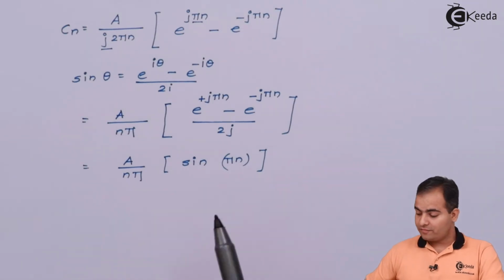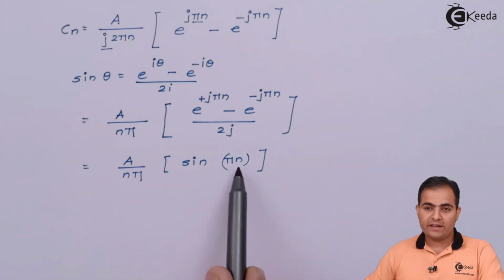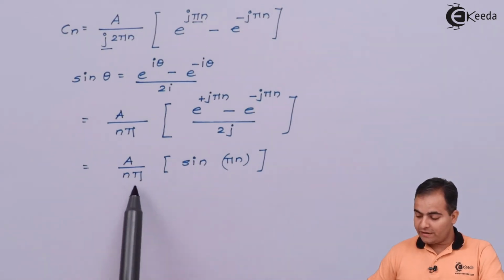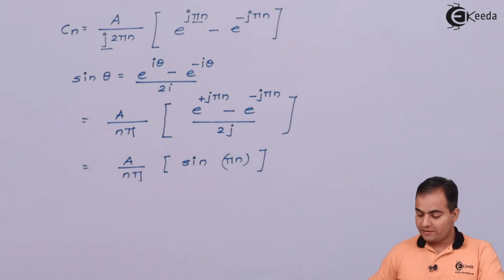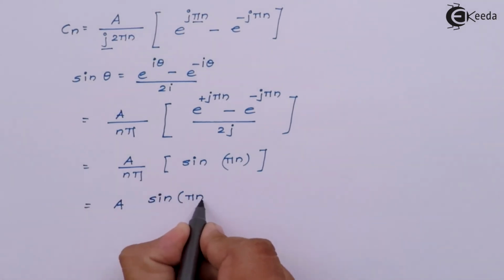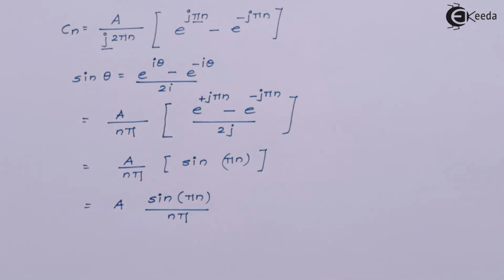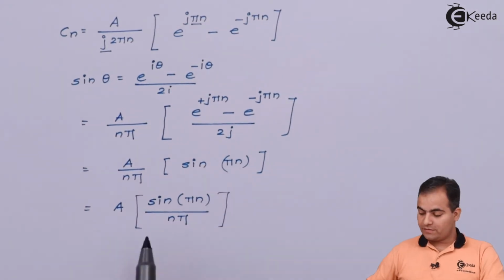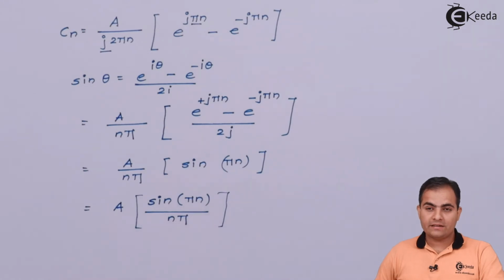Now here, my theta is pi n. Here also we have a pi n. So I'll divide sin pi n by n pi. What we have is sin theta by theta, and this is nothing but my sinc function.